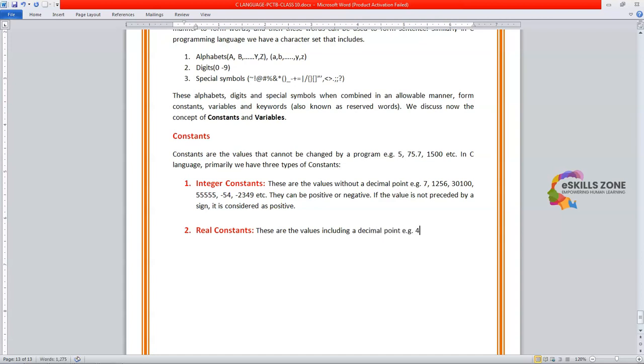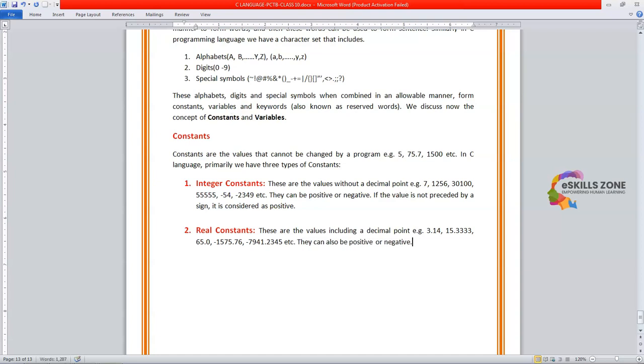For example, 3.14, 15.3334, with decimal places, 75.0, minus 1575.76, minus 7941.2345, etc. They can also be positive or negative.